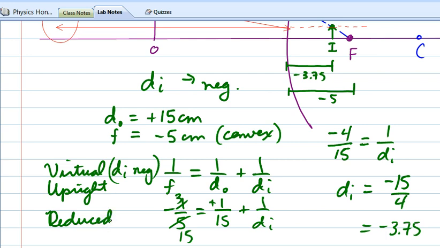Now the last example that I need to do is for a real image. I need to do a concave mirror that is a real image. And I'm going to save that for the example problem. I know this video was a bit long, but knowing how to do these ray diagrams is extremely important, and you can also use this when we do lenses.